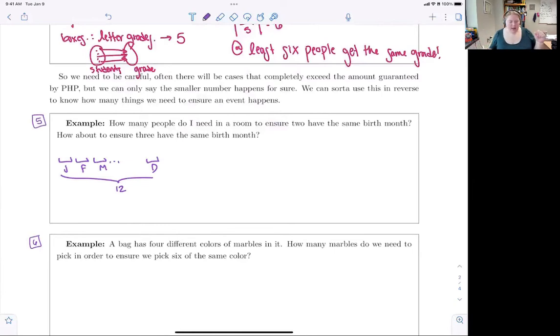I could have one person in January and the next person in February and the next in March, and still no same birth month. We'd get all the way down to December. And then the next person, no matter who they are, is going to tip the scales to be in the same birth month. So we have 12 months, we have those 12 people, and then that 13th person will guarantee.